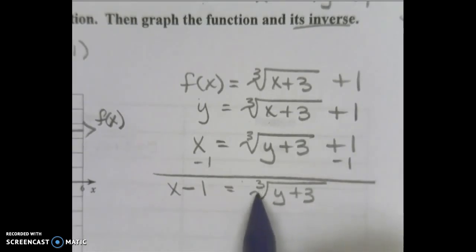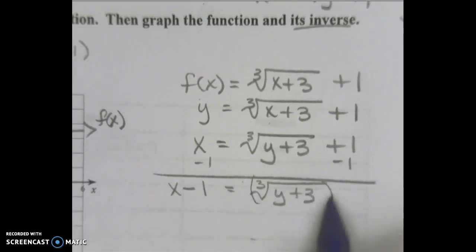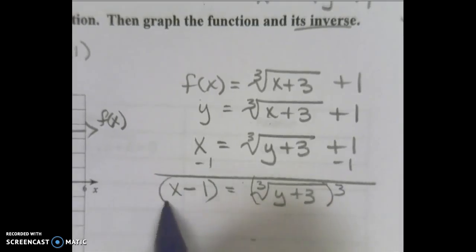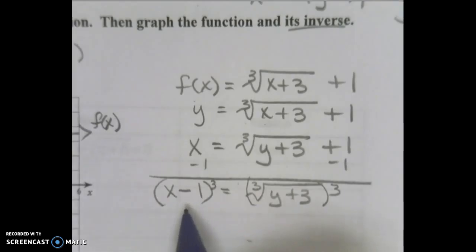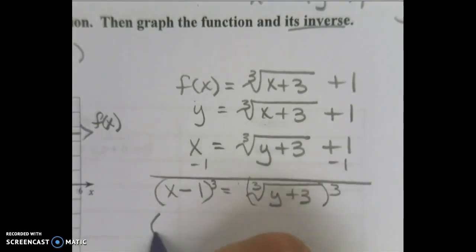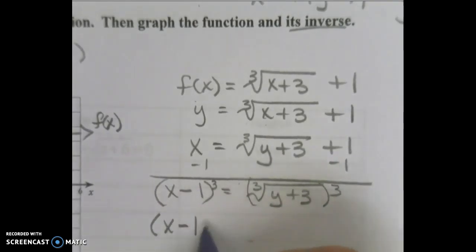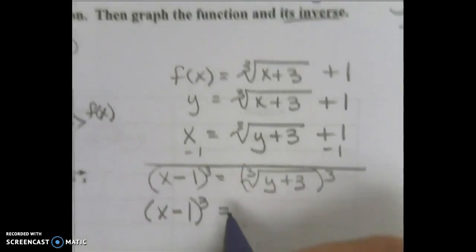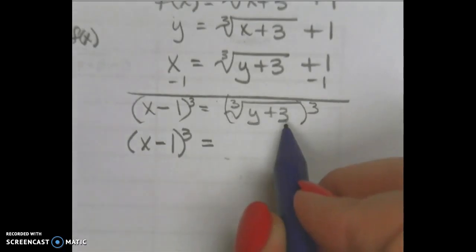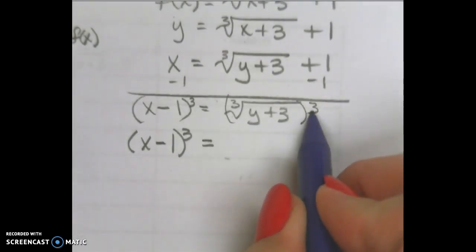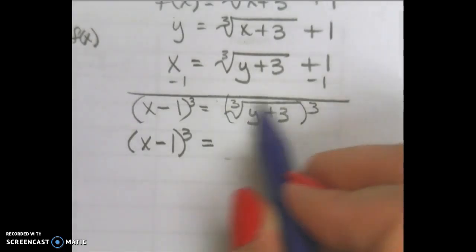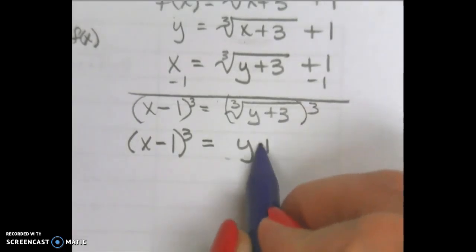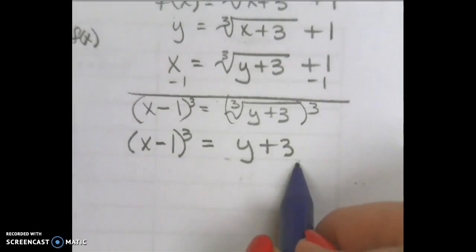To get rid of this cubed root, I'm going to cube both sides. Raise it to the 3rd power. Now this could be multiplied out, but I do not want to do that. I want to leave it as x minus 1 to the 3rd power equals. Now, on the right side, the power of 3 and the cubed root are inverses, so they cancel each other out, and I'm left with y plus 3.